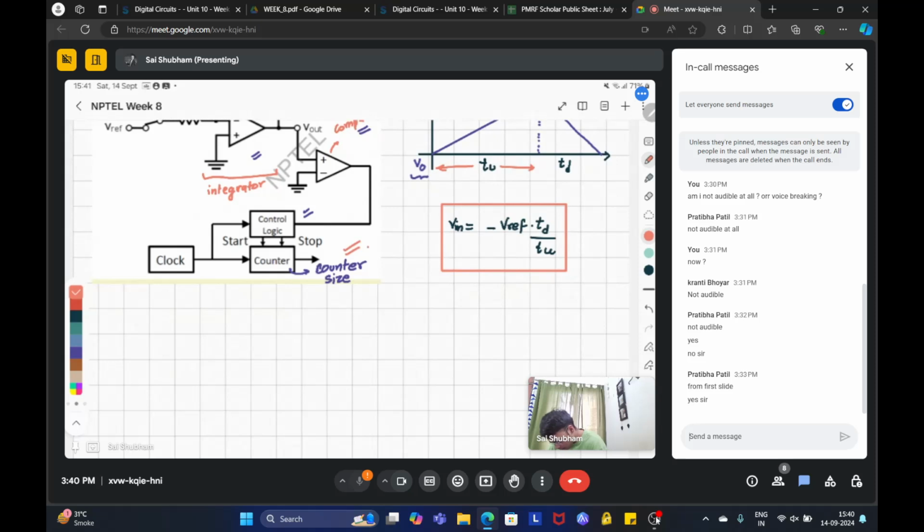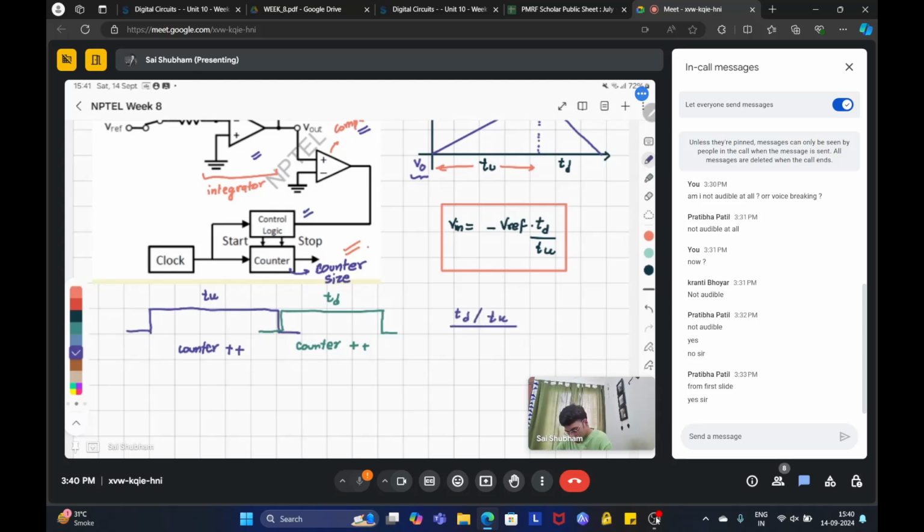You have a signal for TU, and here your counter keeps on updating. Similarly, for the instance of TD, you have another counter that is counting. And in the end, you divide.